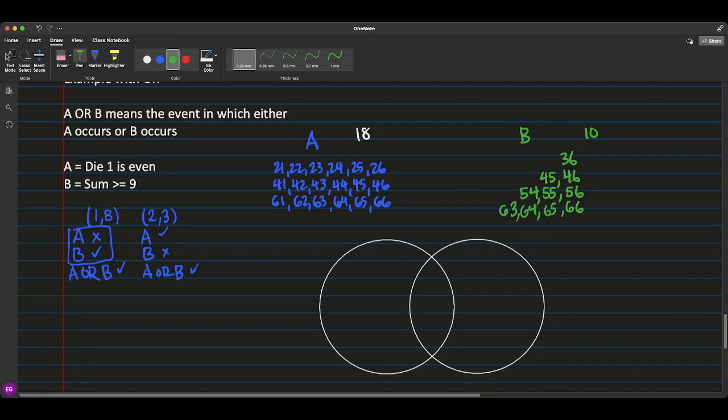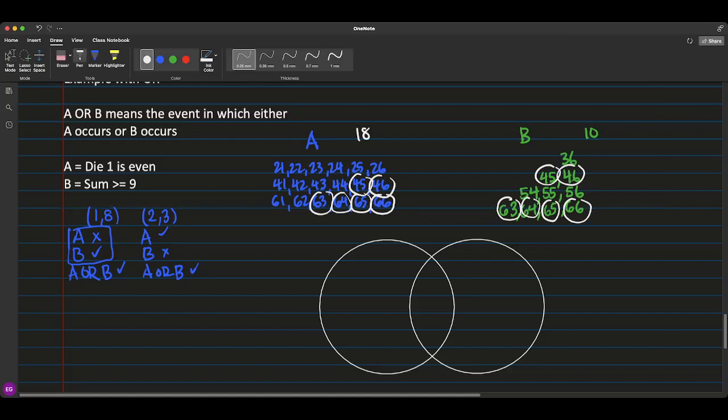So for how many things is die 1? Oh, wait. Oh, okay. Yeah, so this is the overlap. So what's in the overlap? What is shared between them? So let's look at that. Well, you have 4, 6 over here, 4, 5 over here, 6, 6, 6, 5, 6, 4, 6, 3.